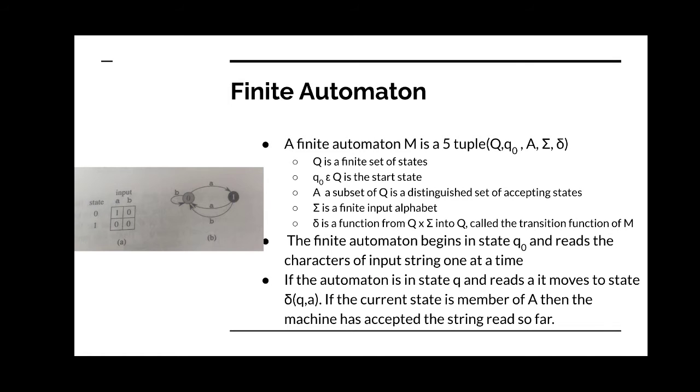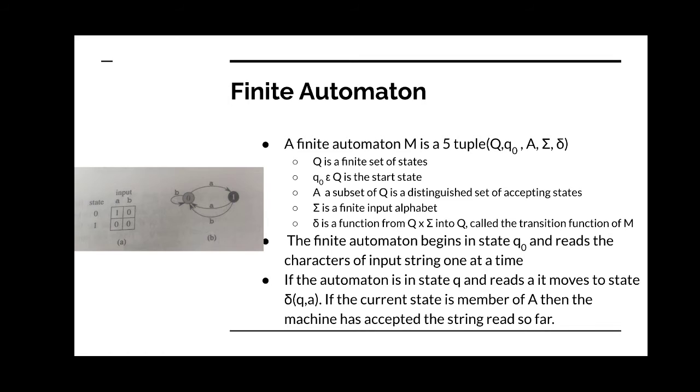Now, a finite automaton M is a 5-tuple, Q, q0, A, sigma and delta. Q is a finite set of states that make up the machine. q0 belonging to Q is the start state. A is a subset of Q and is a distinguished set of accepting states, or answer states, we can say.